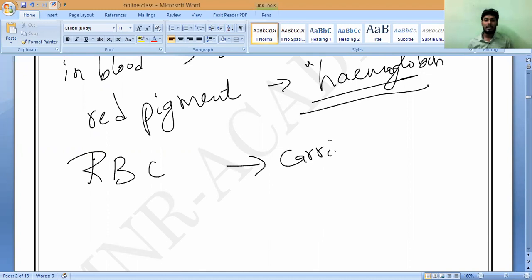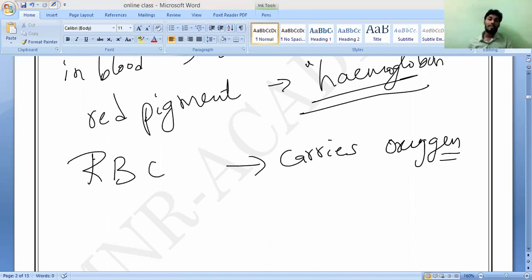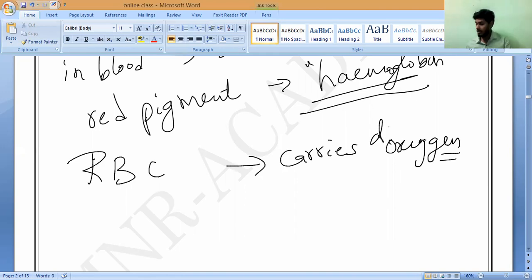RBC carries oxygen from one part of the body to another part. Oxygen is transported or supplied through RBC only. So we can say they are the carriers of oxygen, meaning who can carry oxygen is called a carrier of oxygen.